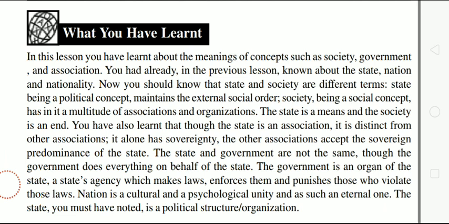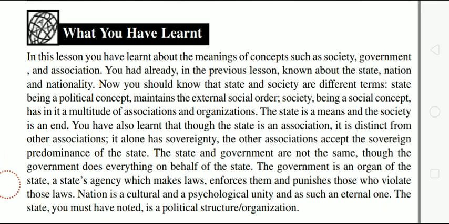You have also learned that though the state is an association, it is distinct from other associations. It alone has sovereignty. The other associations accept the sovereign predominance of the state. The state and government are not the same, though the government does everything on behalf of the state.